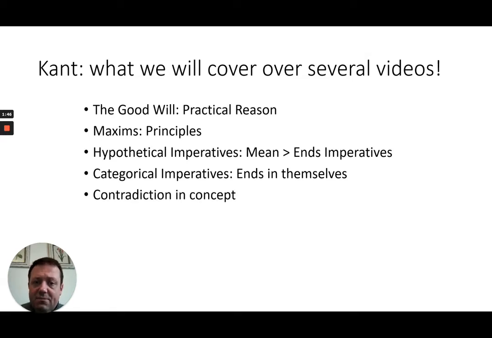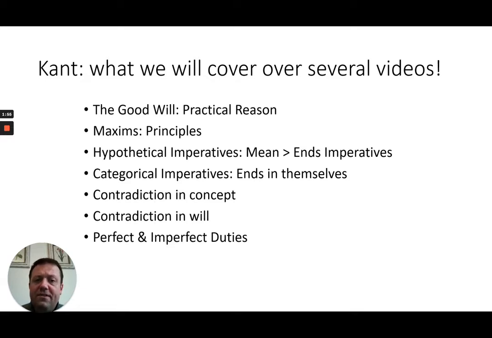There is the term contradiction in concept. I won't explain that now, but in subsequent videos I look at that in quite a lot of detail. Contradiction in will, perfect and imperfect duties, that's what we'll be covering in the final video, and moral objectivism. Now Kant is a moral realist because he believes that you can determine moral truths from the application of reason. So that is something that you could use in relation to certain discussions in meta-ethics as well, even though the Kantian version of moral realism is not on the specification.